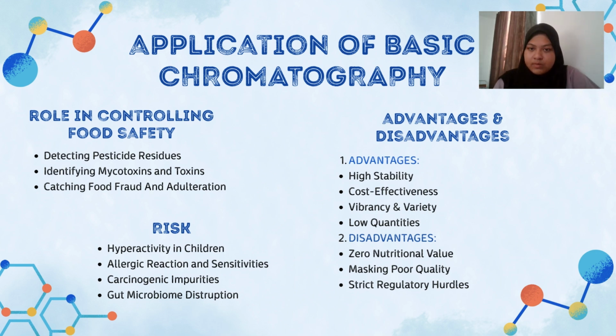They also offer vibrancy and variety, which is incredibly bright, intense hues that are difficult to replicate using natural ingredients, and they are needed in low quantities. On the downside, they have zero nutritional value, can mask poor quality, and are free of regulatory hurdles.